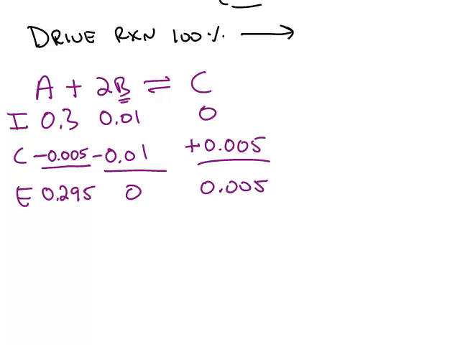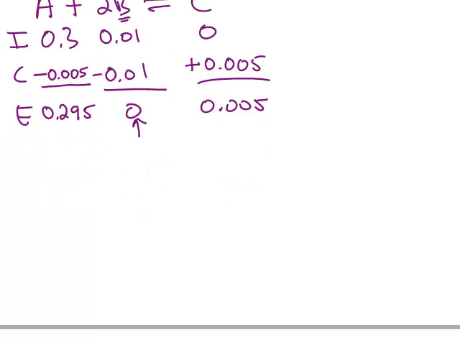But if we look at our ice chart at this point, we know we can't be at equilibrium because chemical B has reacted away to 0. We can't have an equilibrium where we have no concentration of the reactant because that would mean the forward reaction stopped. Therefore, what we're going to do is write an ice chart that shows the reaction going back to equilibrium.